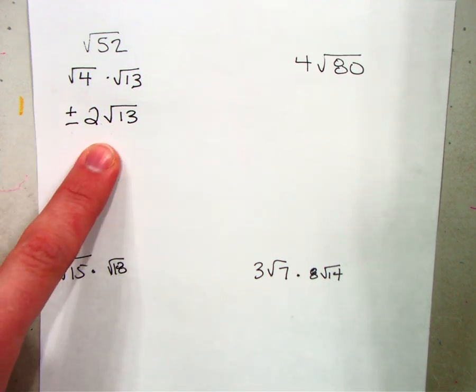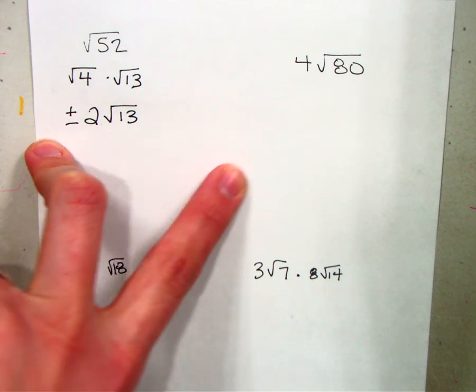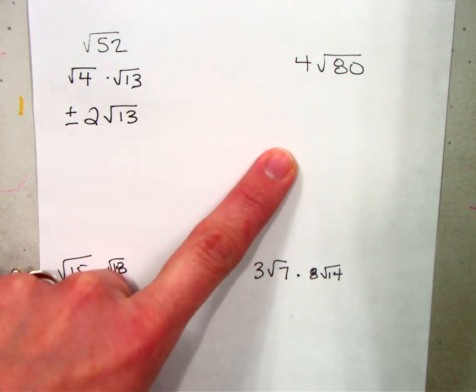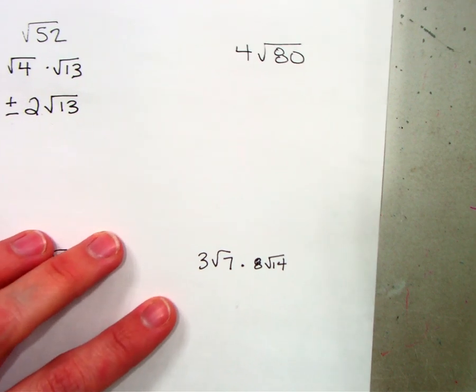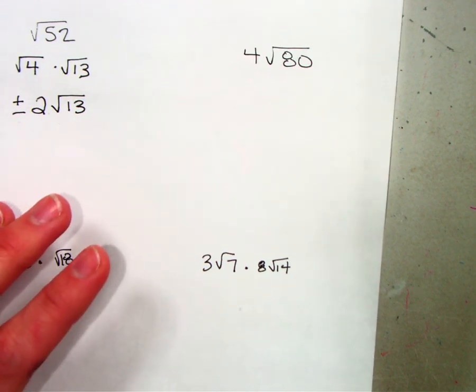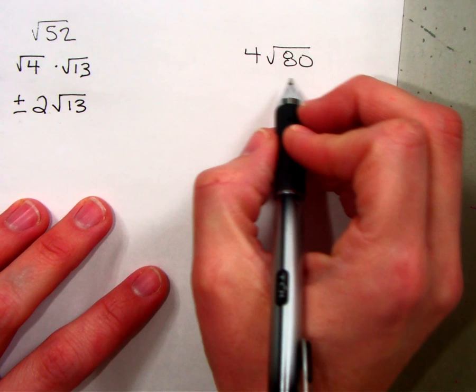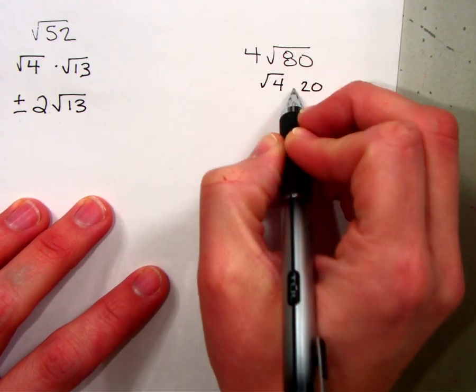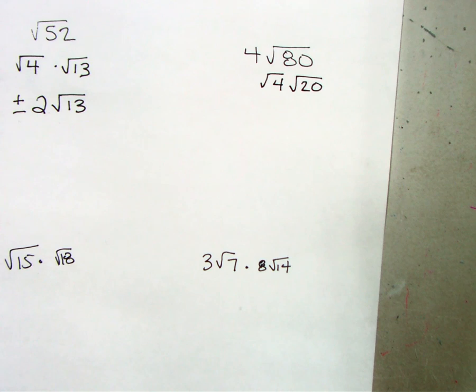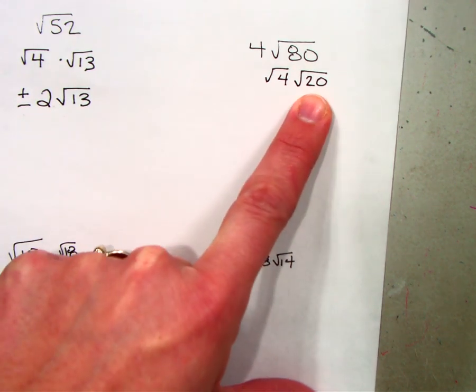Okay, so then we come over here to this one. If you take your calculator and divide 80 by 4, it comes out to 20. But when you look at 20, does 20 have a perfect square inside of it?